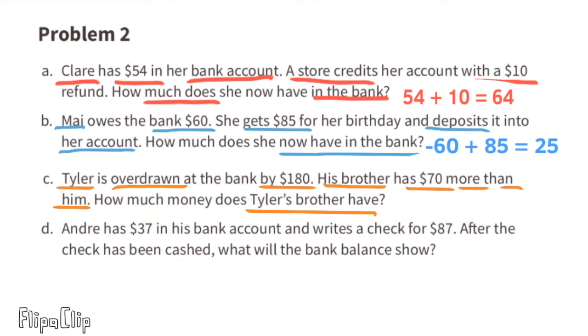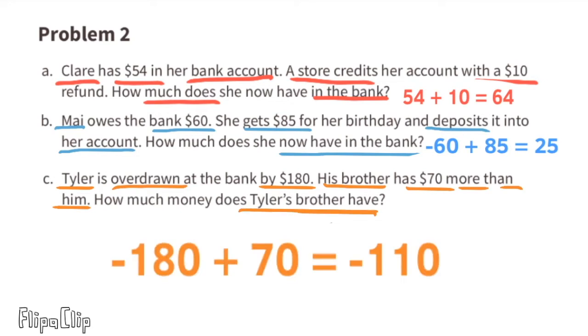Tyler's bank account is at negative $180, and his brother has $70 more than he does. We can write the expression negative 180 plus 70, which equals negative 110. Tyler's brother is overdrawn $110, which is equivalent to negative $110 in his account.